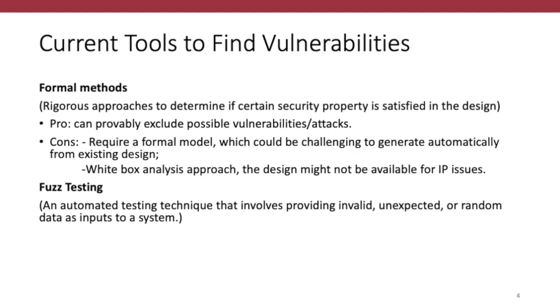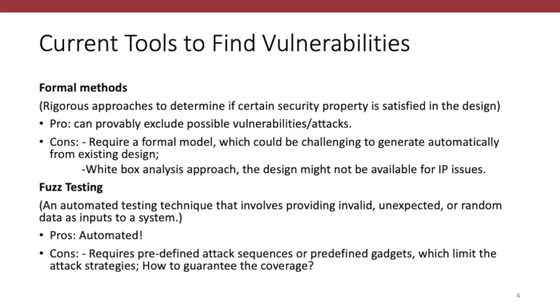However, in the formal method today, we need a formal model of the system. Typically, it means you need a separate code base to formally model the system and then feed that into an SMT solver. And such a method needs white box design. That means you need to know the design details. And also there's a scaling limit, so you can only validate relatively small designs today.